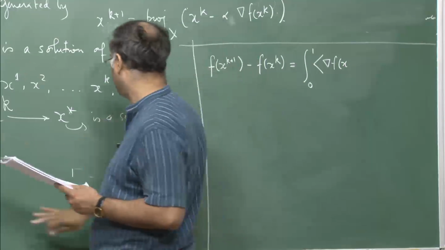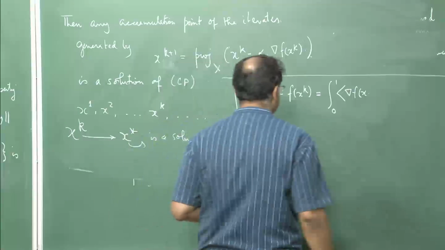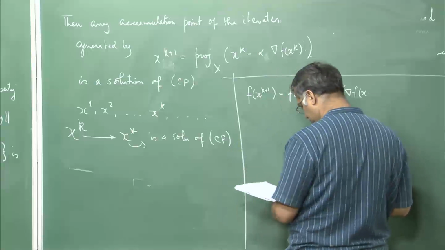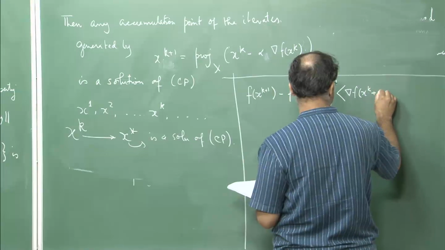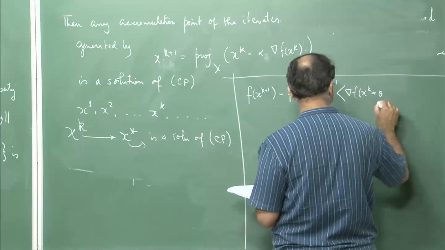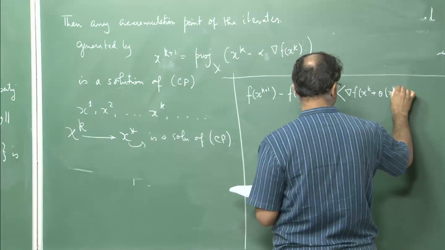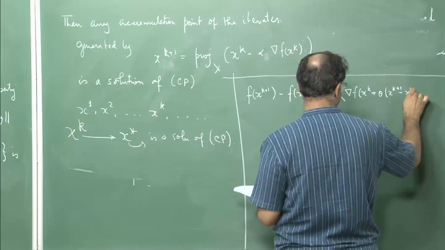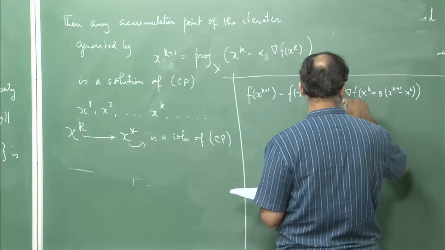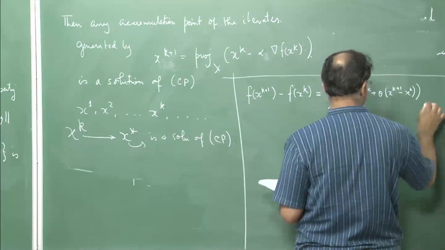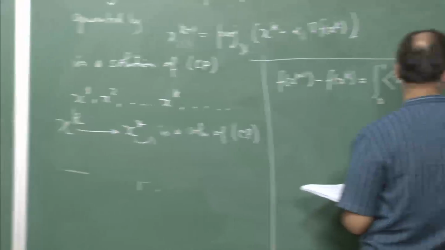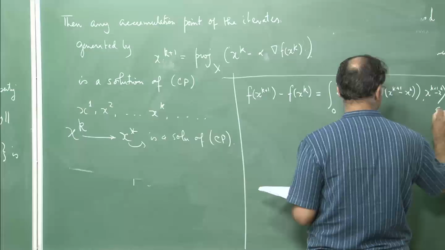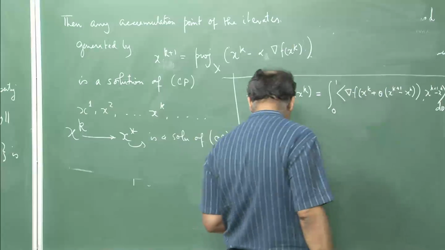There is a convex combination of these two points that will usually appear in the mean value thing, and there is a d theta here.